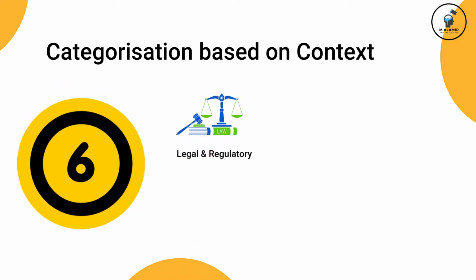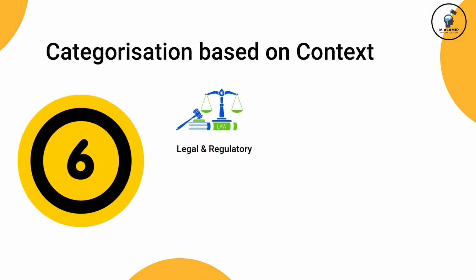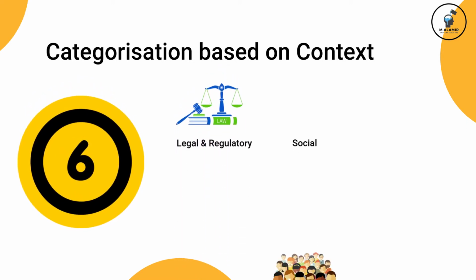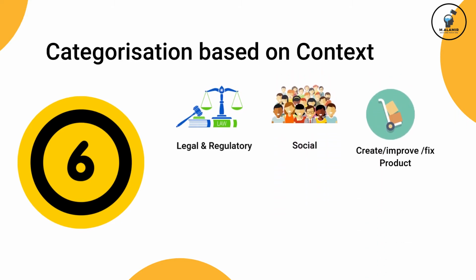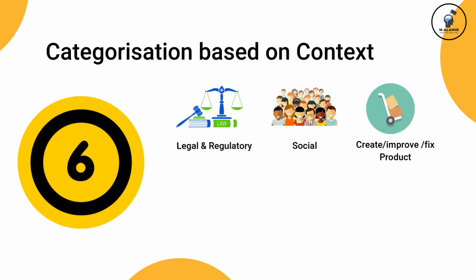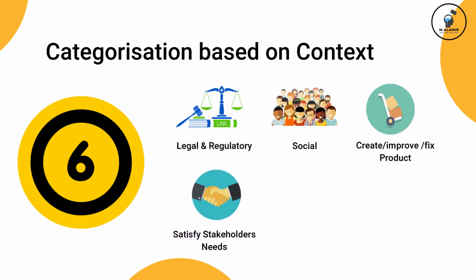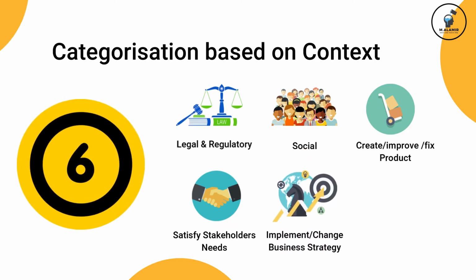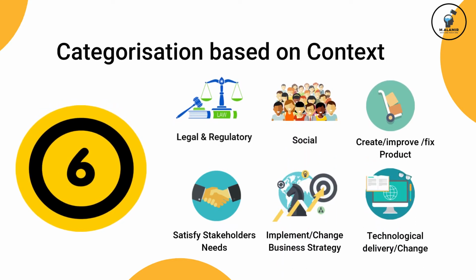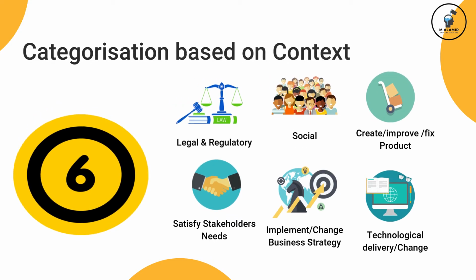Projects conforming with legal or regulatory requirements, projects delivering social requirements, projects to create, improve, or fix products, services, or processes, projects satisfying stakeholders' requests or needs, projects to implement or change a business strategy, projects to deliver technological implementation or change.